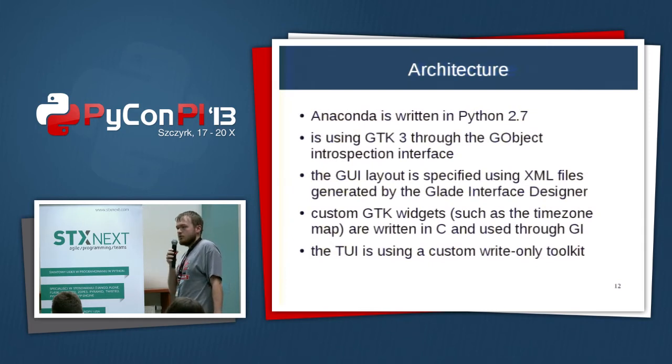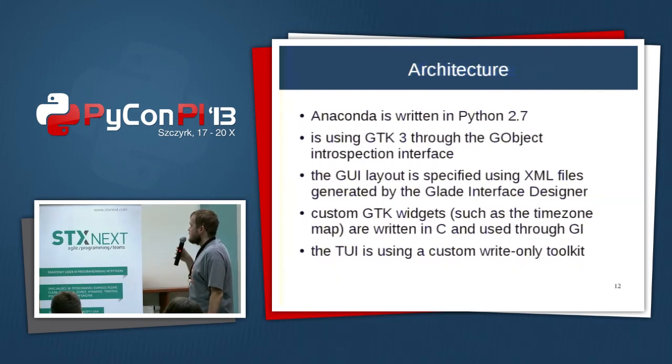For the graphical user interface, Anaconda uses the GTK3 graphical library, which is used, for example, for all GNOME desktop environment applications. We are using the G-object introspection interface, which enables all libraries that use the G-object object system to provide bindings for other languages.